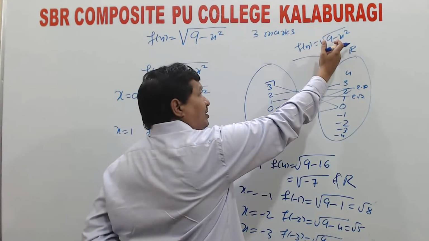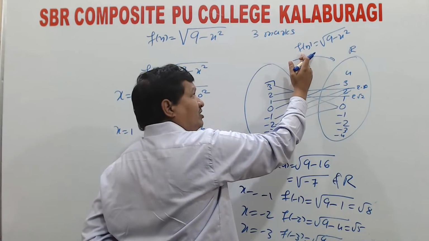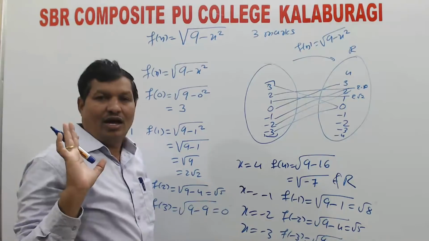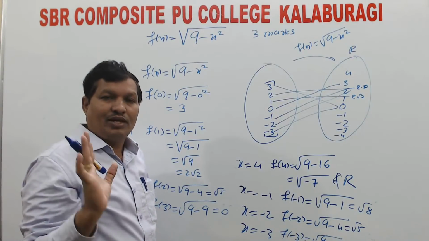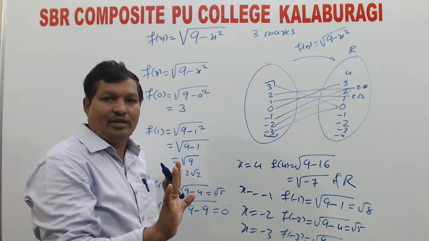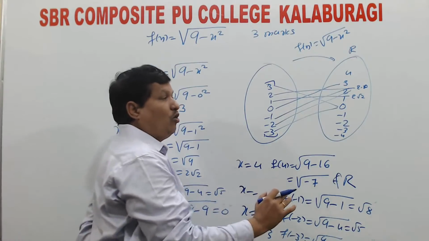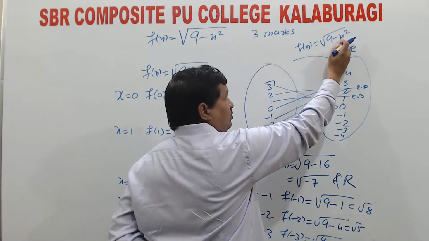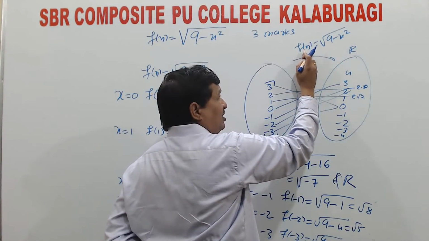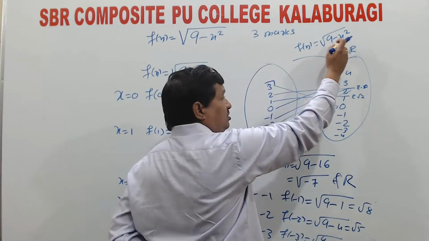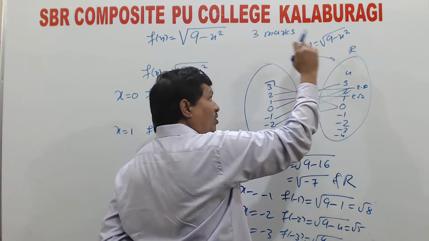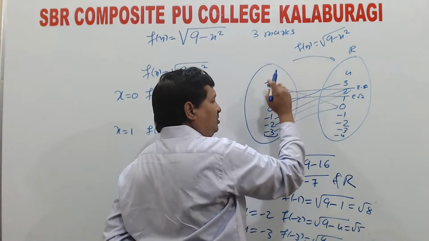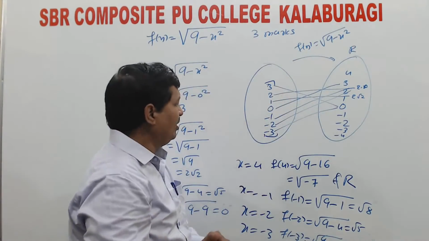For those values of x, whatever values of f of x there are, those f of x values give the range. So how to find domain and range: not real numbers only. How to find domain? If you substitute x values in the given relation and you get f of x, all those values of x give the domain. For those values of x, the values of f of x give the range.